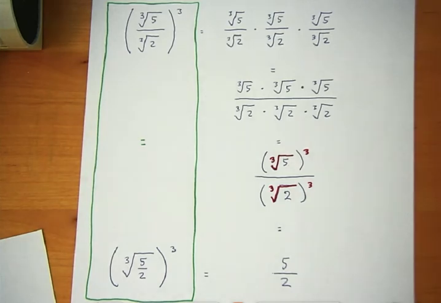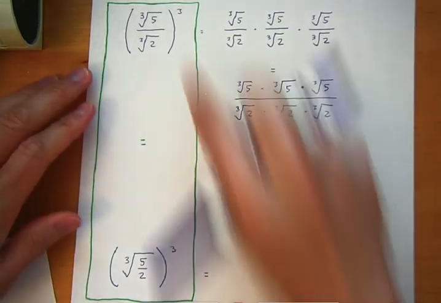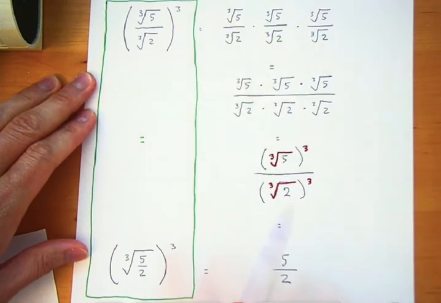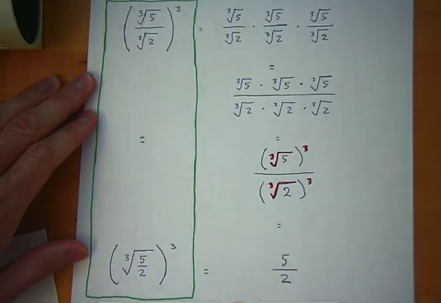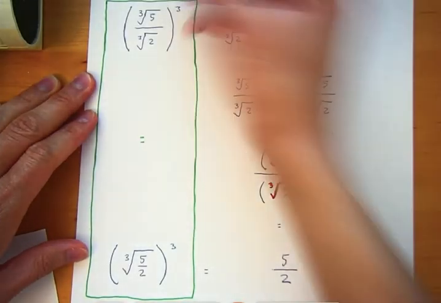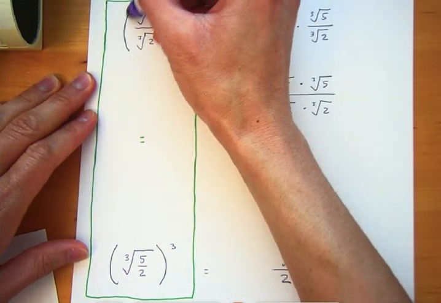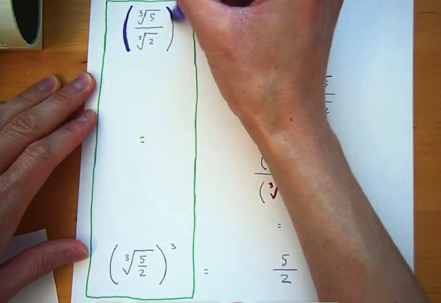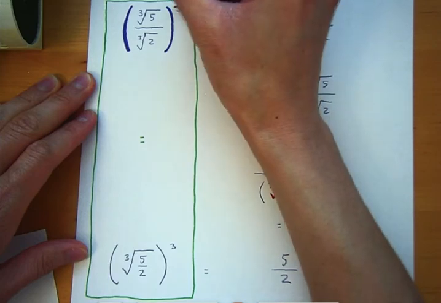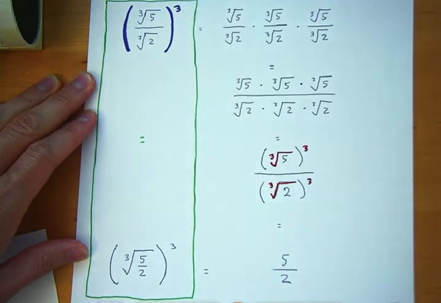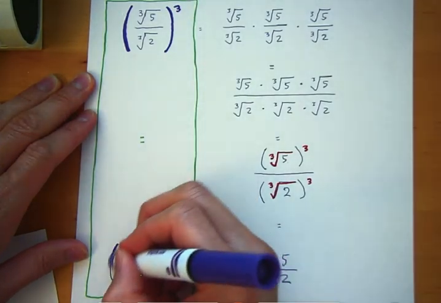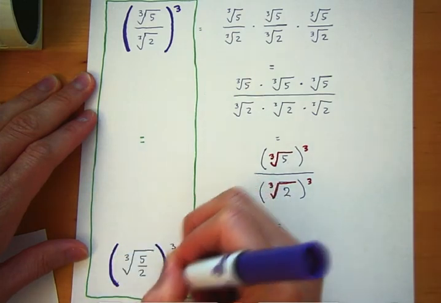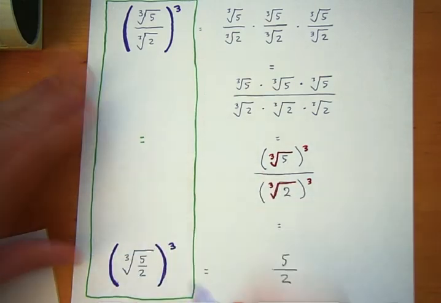Now let's take a look at the thing we started with and the thing we ended with. The thing we started with was something in parentheses to the third power. The thing we ended with was also something in parentheses to the third power.